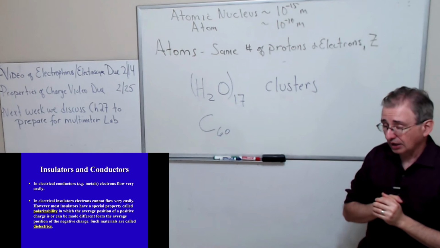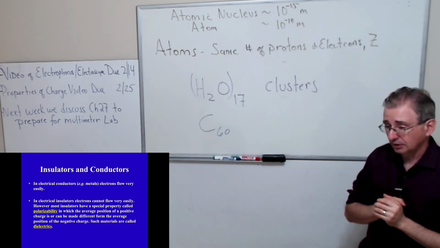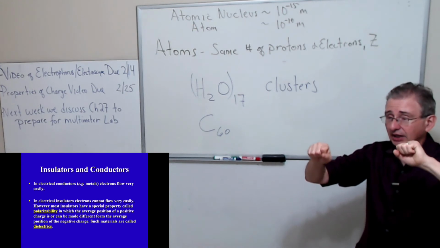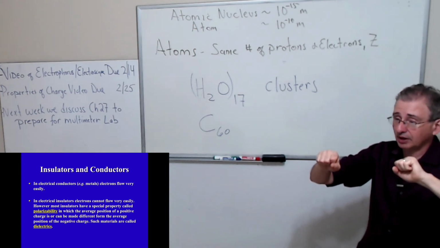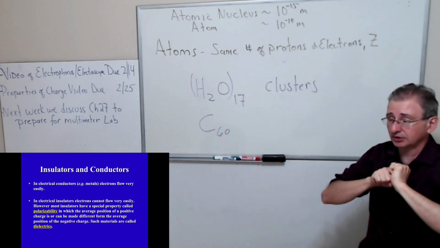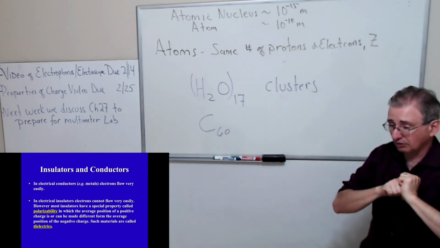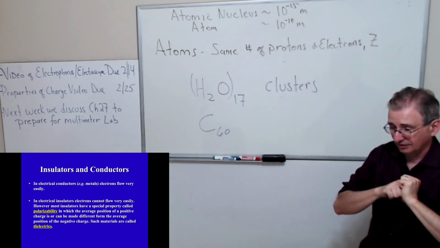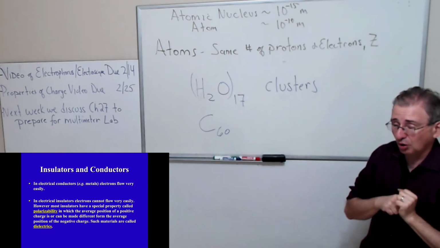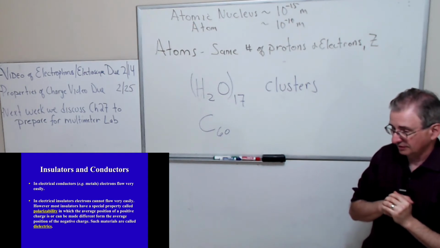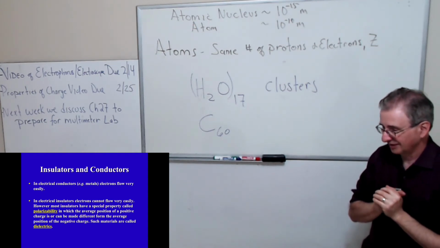Some materials are already polarized. In some materials, the position of the negative charge is separated from the position of the positive charge. Can you think of any materials that are inherently polarized? Can you think of anything that's considered polar? If you've had chemistry.